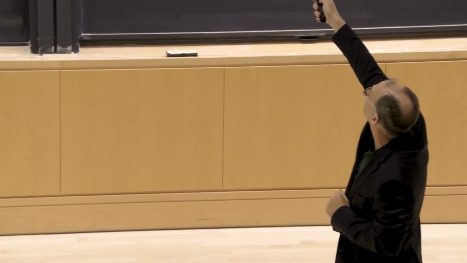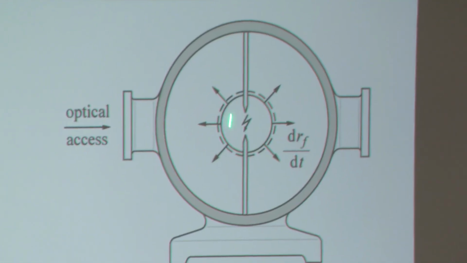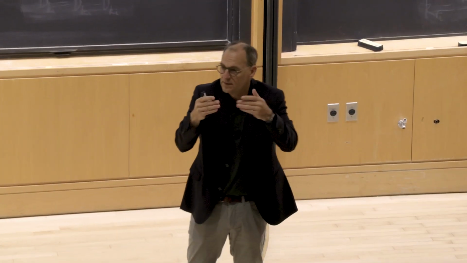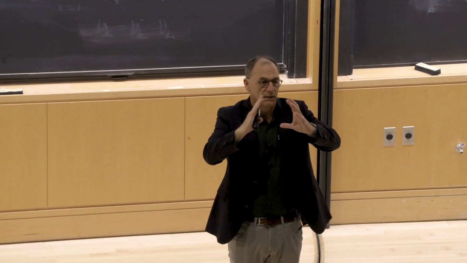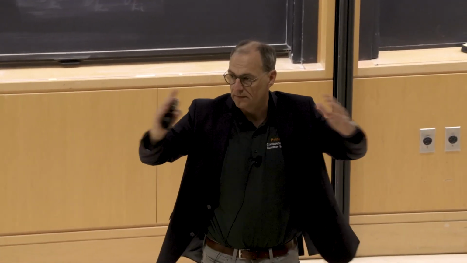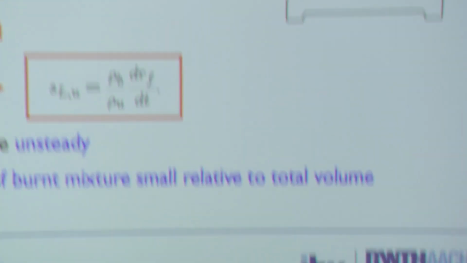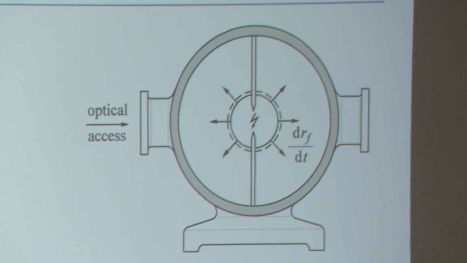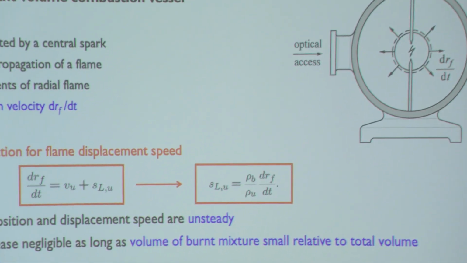So because of the burnt gases here in the center, and in the center, the velocity has to be 0 for symmetry reasons, the expansion flow goes outside. So while this burns, you also induce a velocity here in the unburned, and that also carries the flame.